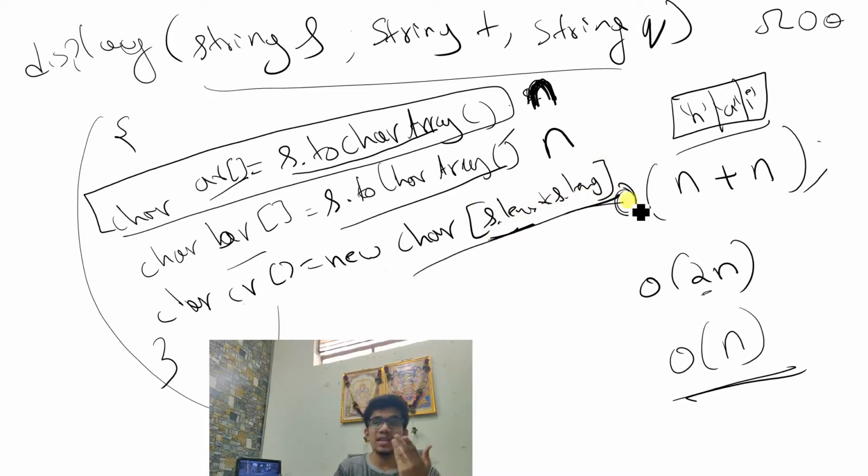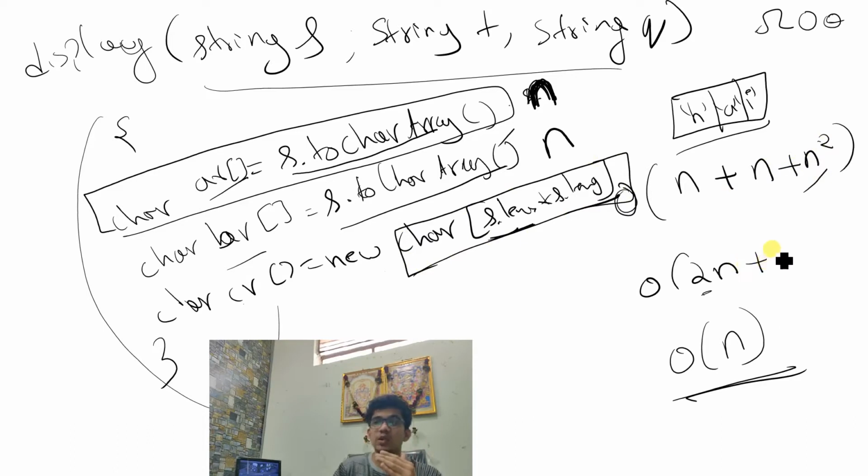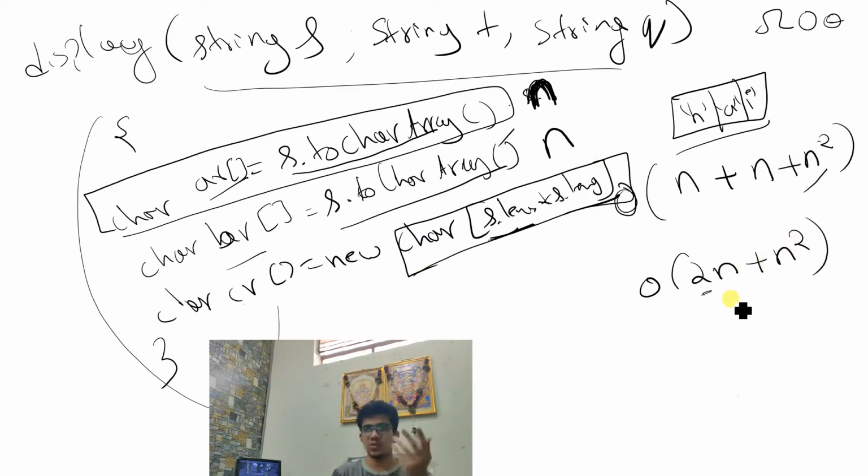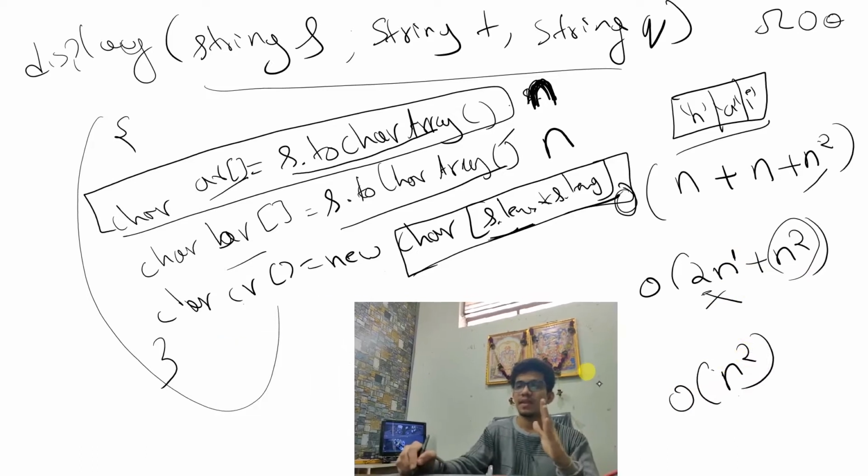So you are creating a new memory with n square. So the complexity will change to n plus n square, and if you further bring it down, it is 2n plus n square. And you know what you have to do here: you have to ignore this 2n, because n power is 1 and here n square is there. So you have to write order of n square here. Is it clear? That's it.